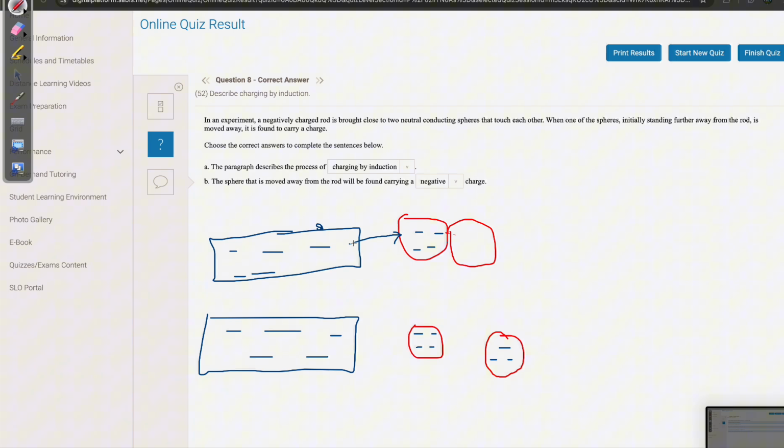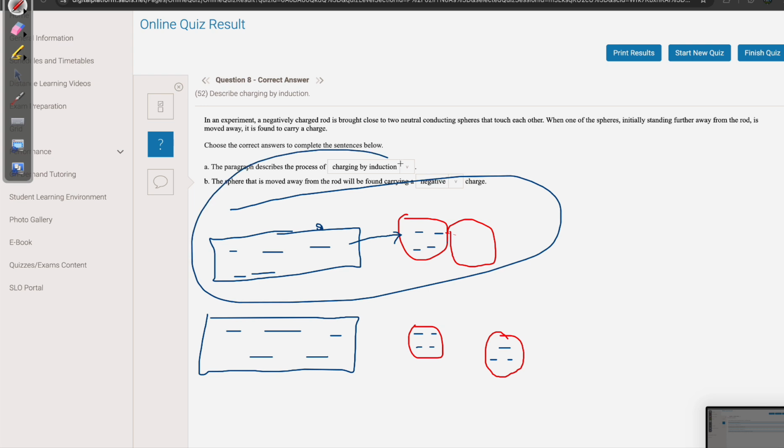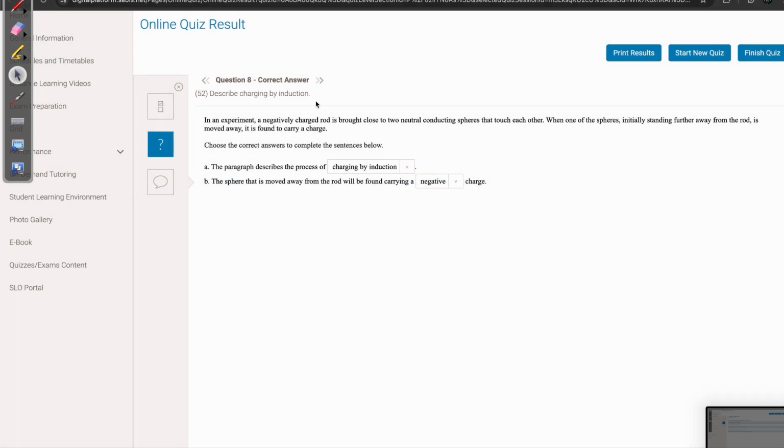Simple as that. And of course, there is no way that the sphere that's away loses electrons. It used to have the least amount of electrons in the entire image here. So come on.